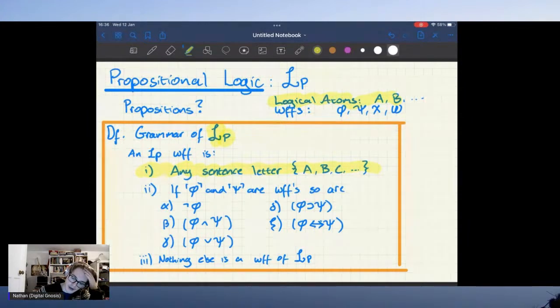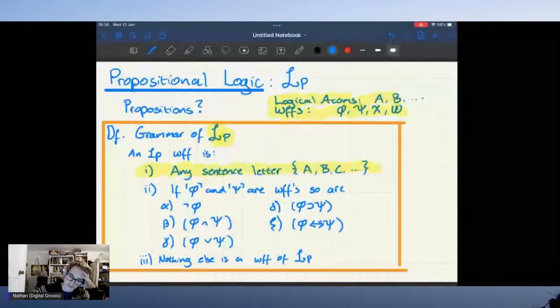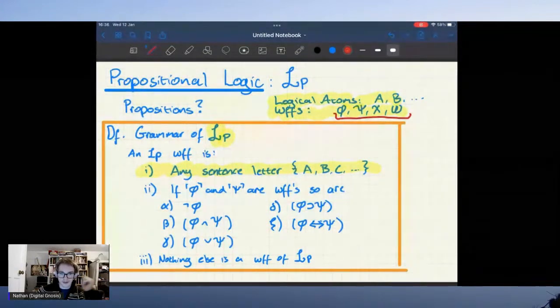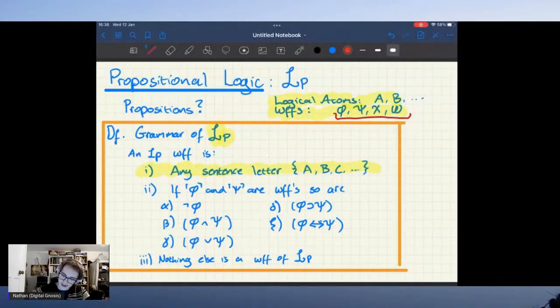Okay, so then we have these well-formed formulas. Now, this is our meta language. This isn't a part of propositional logic, but the way that we're going to talk about well-formed formulas is by using these Greek symbols. So phi, psi, chi, omega. These are going to denote a well-formed formula. Now, a sentence letter is a well-formed formula, right?